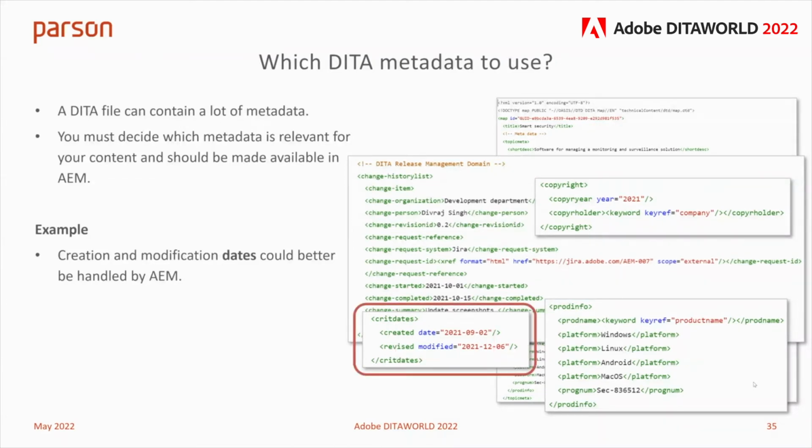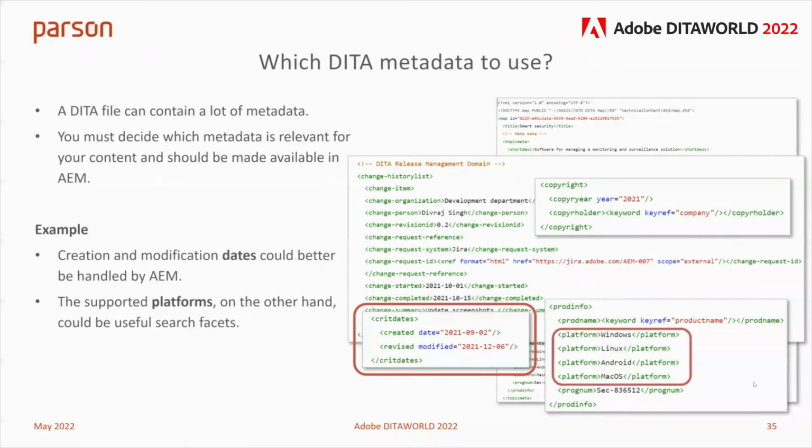So this probably is a candidate to not use directly from the DITA file. But on the other hand, the supported platforms, as they are provided in the product information, could be very useful search facets. So this might be metadata from the DITA content that you would like to expose to the users of AEM.